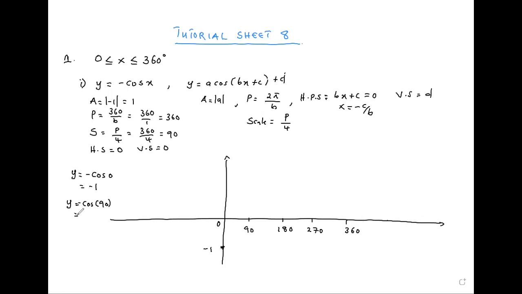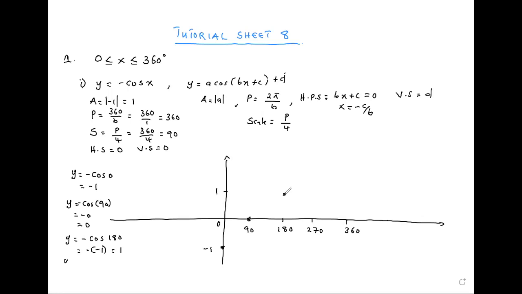Remember, cos 90 is 0, so we have negative 0, which is just 0. So we have a point there. You also go to y is equal to negative cos 180. Cos 180 is negative 1. So altogether, we get positive 1. So we'll go to positive 1.